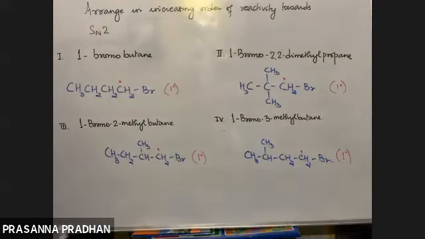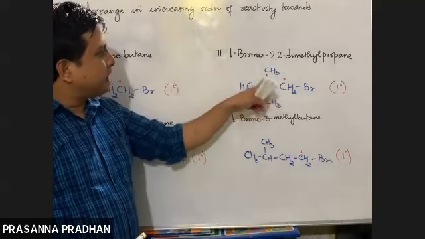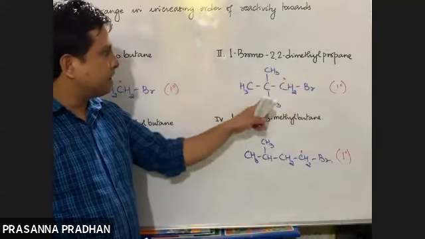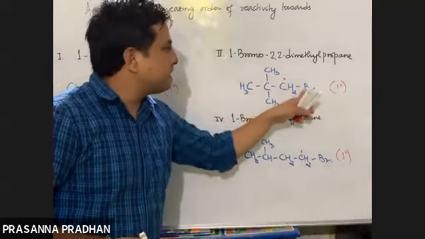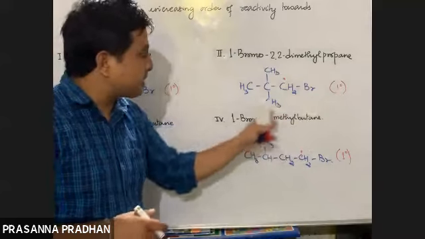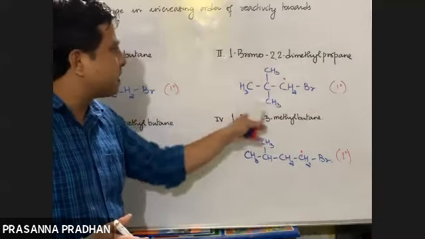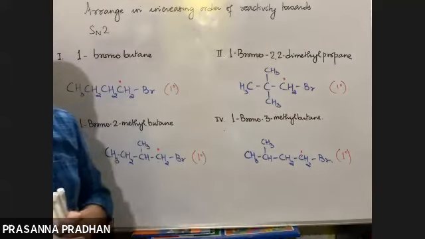This compound is known as neopentyl bromide. There is a neo group here. Although neopentyl bromide is a 1 degree halide, it does not undergo SN2 reaction because of steric hindrance, because of the presence of a bulky tertiary butyl group here.